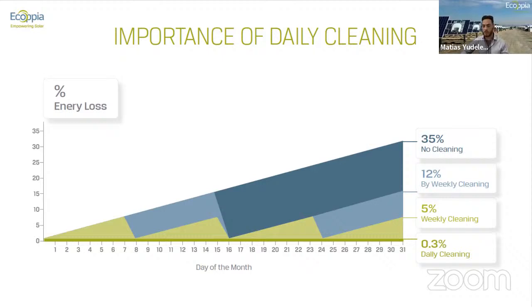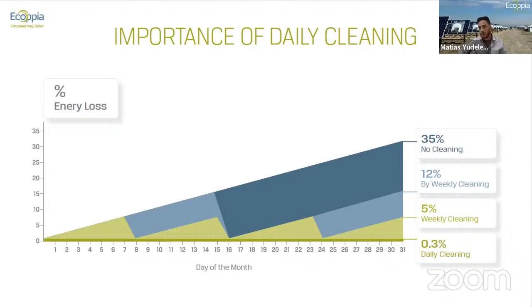We have clients that in the past used to have 3, 5 or 12 cycles of cleaning a year, depending on the location. And here we can see that obviously after you clean, in the first few days you will have 0% or marginal energy loss due to soiling. But as we move forward throughout the month, and also several months, if we have only, let's say, 5 cleaning cycles a year, we can see an exponential increase in the percentage of energy loss.